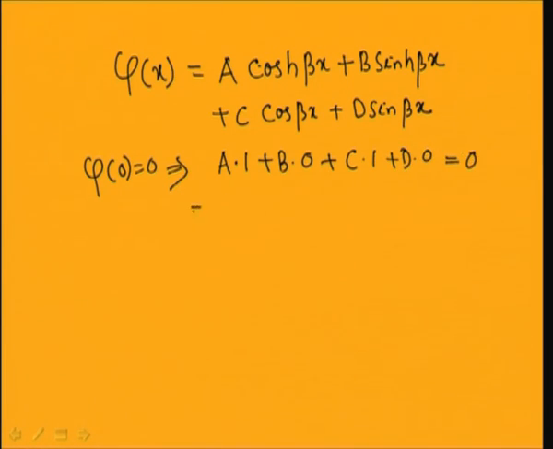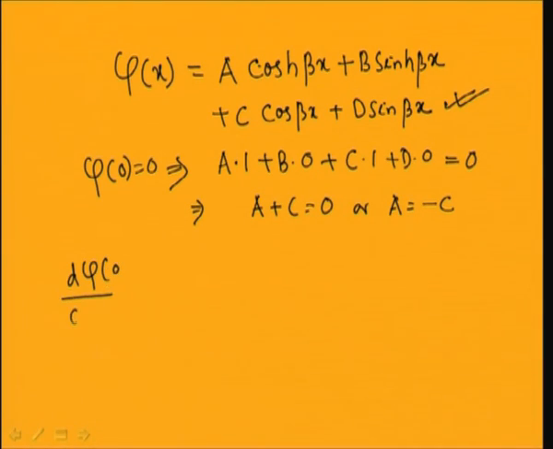So, this gives rise to a plus c equal to 0, or a equal to minus c. Similarly, by taking the slope equal to 0, that is del psi by del x equal to 0.